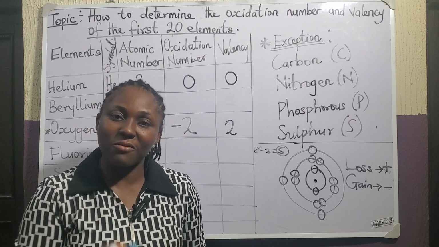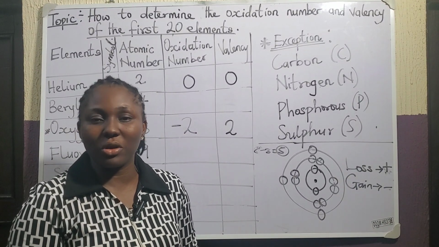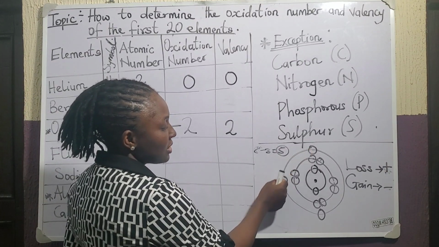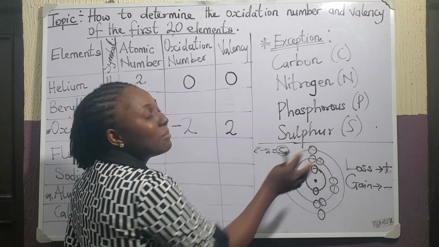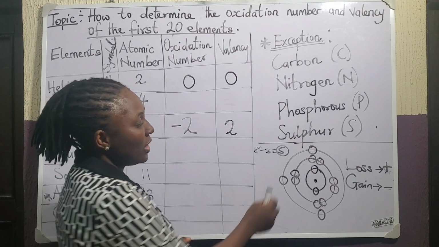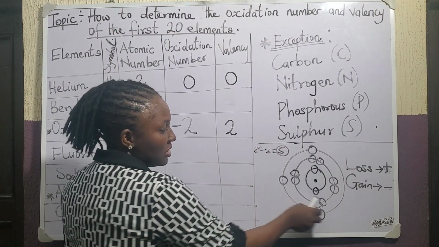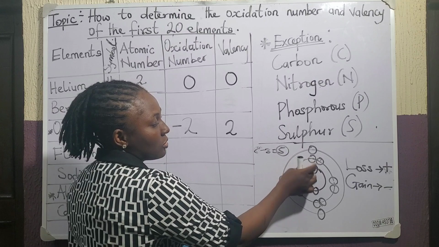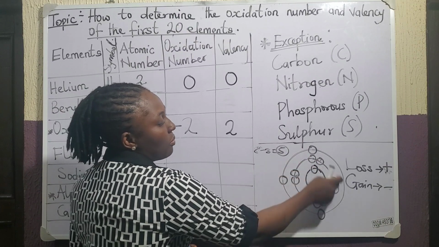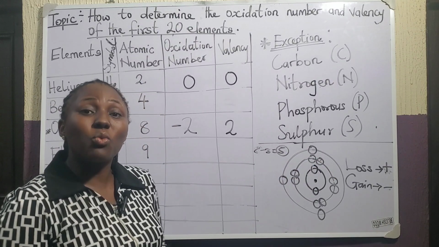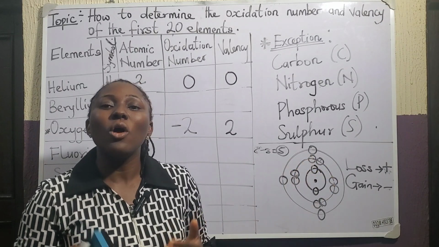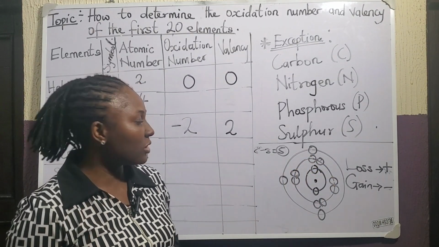Then ask yourself, if I am an aluminium atom, which is easier for me, to lose these 3 electrons and obtain my structure? Because when they lose these electrons, they will lose this shell. So they will now have only 2 shells with a complete outermost shell, which is the essence of either losing or gaining according to octet rule.